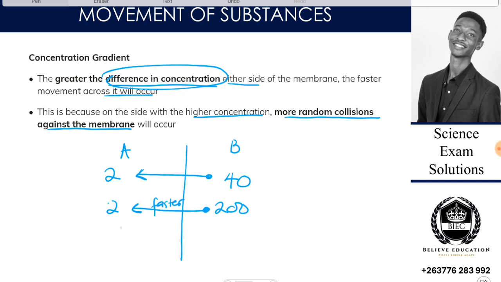Are we together? Why are they faster? Because now there are more random collisions against the cell membrane. More collisions against the cell membrane makes the cell membrane more permeable, so that substances can cross across.